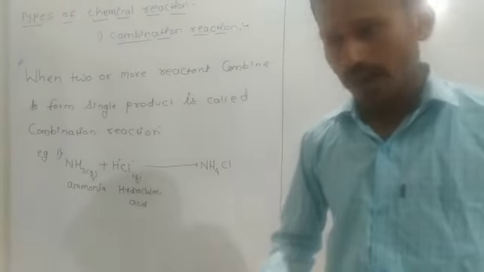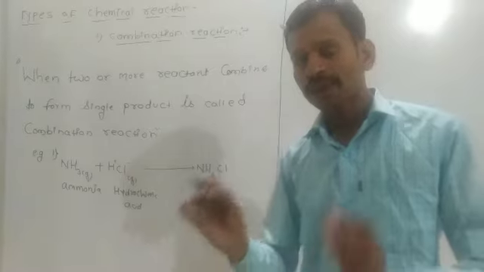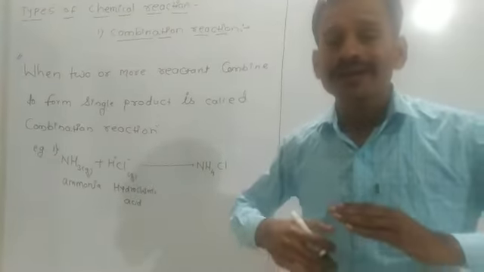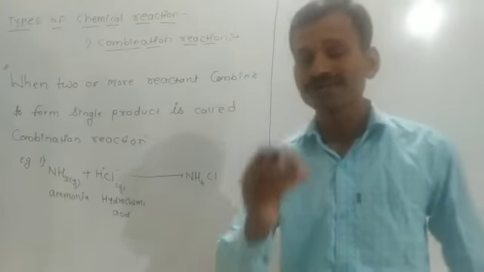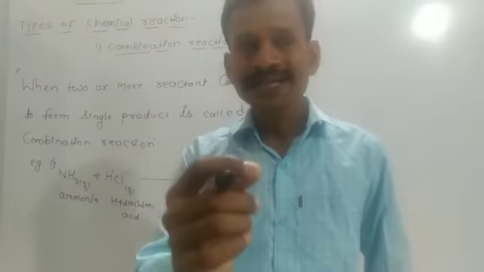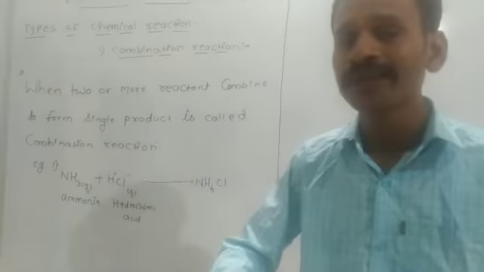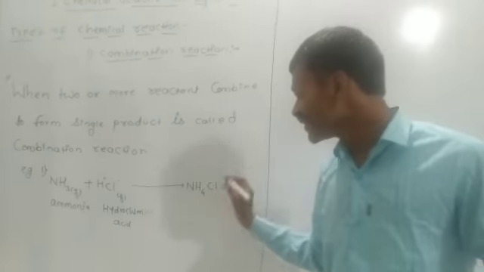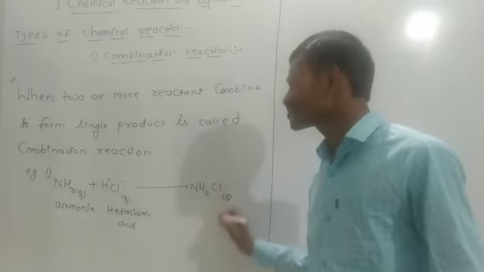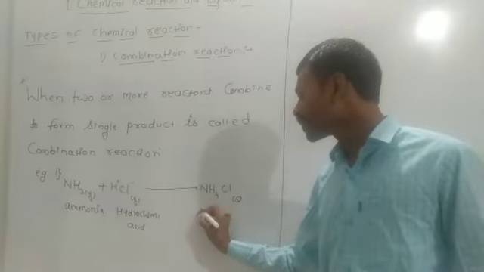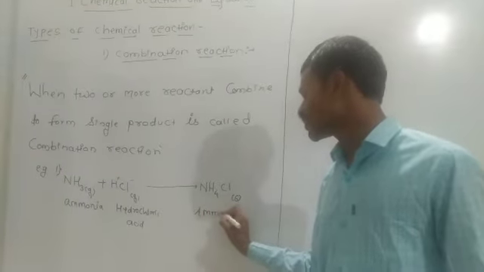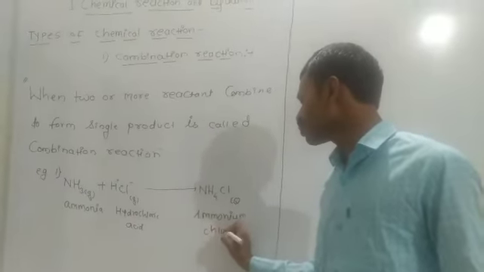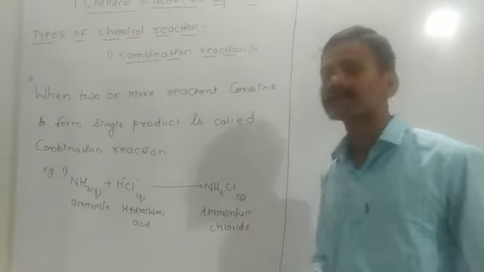Firstly, this ammonium chloride is in the gaseous state, but by the condensation reaction, it is very quickly converted into the solid state, and ammonium chloride salt is formed.